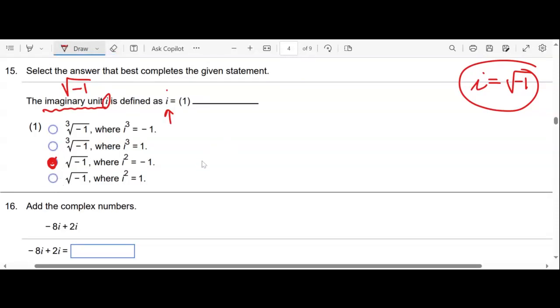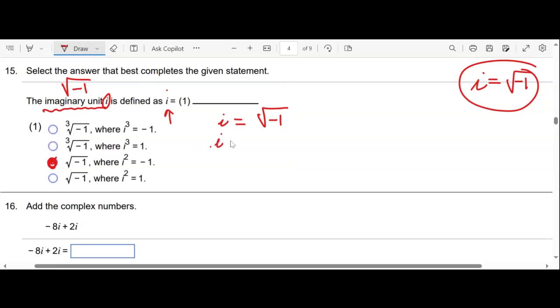Why? Because i, we said, is square root of negative 1, right? So if I say i times i, it is going to be what? Once again, let's do it again now. I'm sorry. We said i equals square root of negative 1.